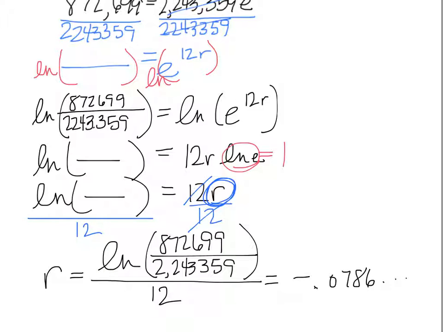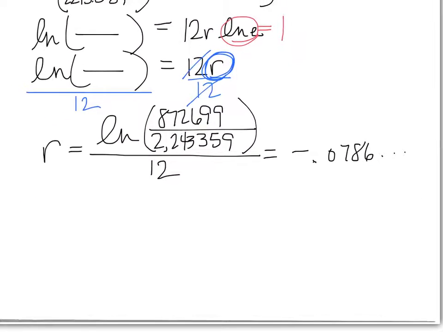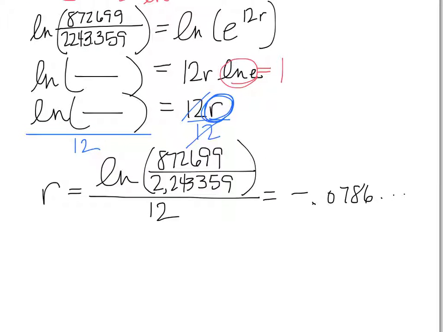This is the r value that you would use in the formula. Negative means depreciation, and decimals are moved over 2 places from where they started in a percentage. So you can't just leave this answer like that.